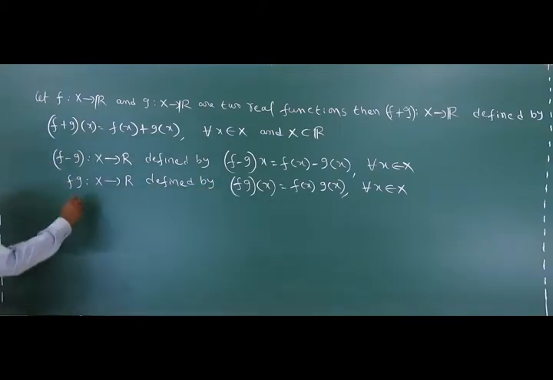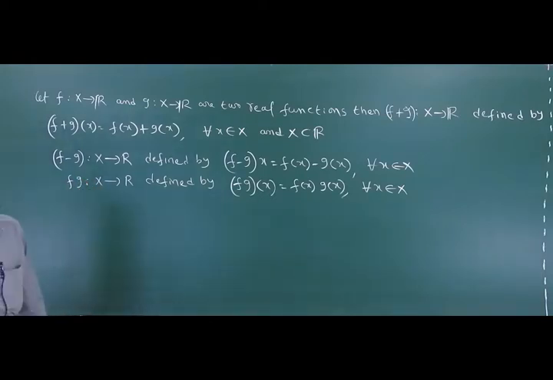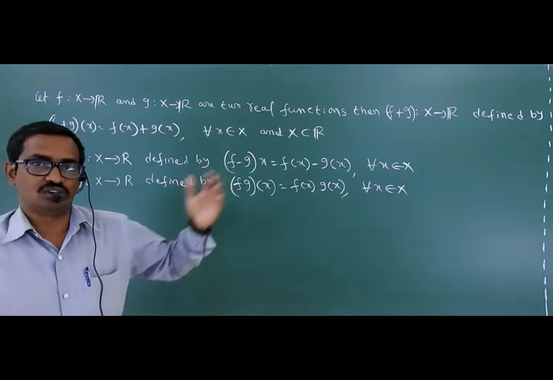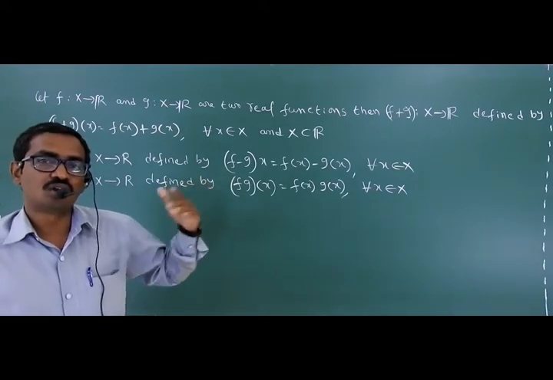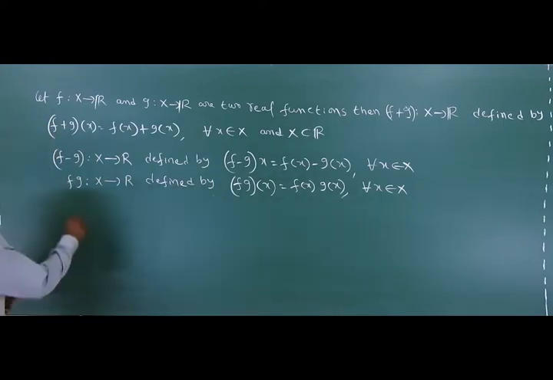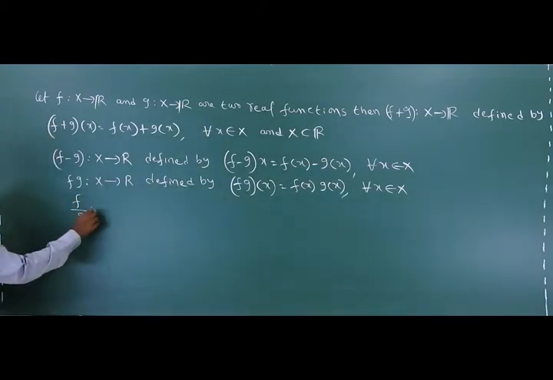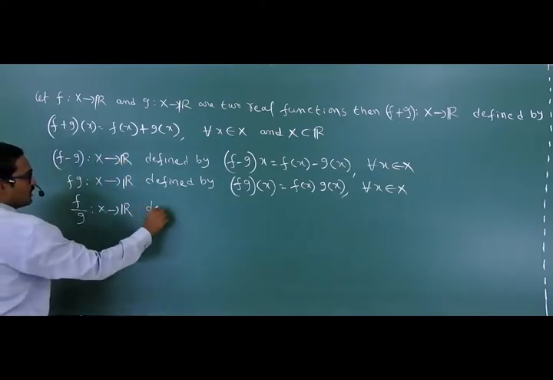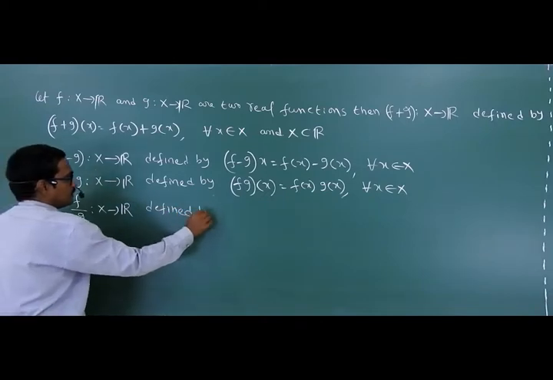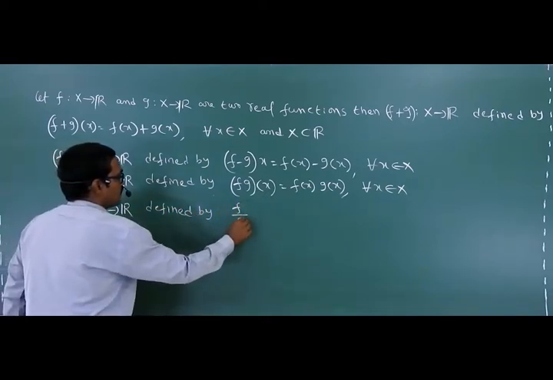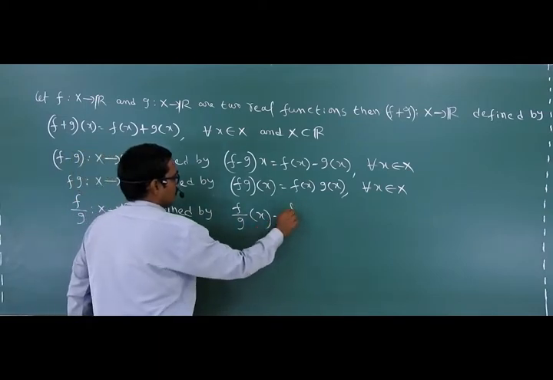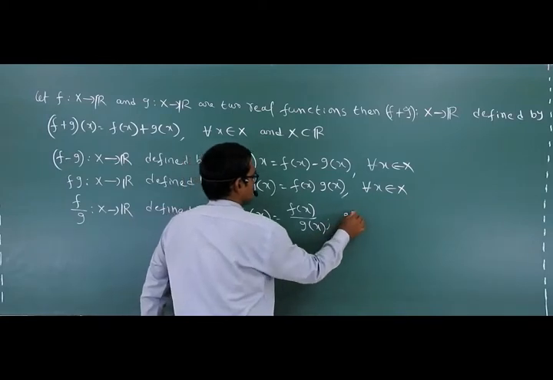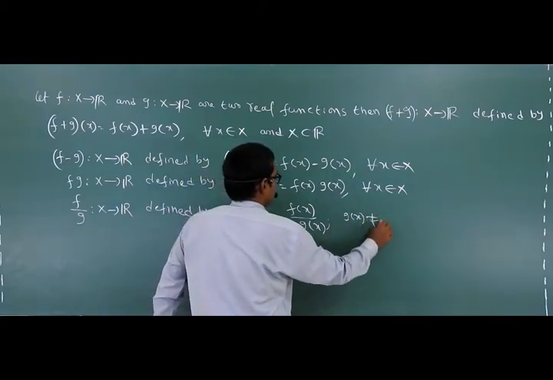And next one, quotient of real functions. Quotient of real functions means if you divide one function by another function, then it is called the quotient of two real functions. That means f by g from X to R is defined by (f by g)(x) is equal to f(x) divided by g(x), where g(x) is not equal to 0.